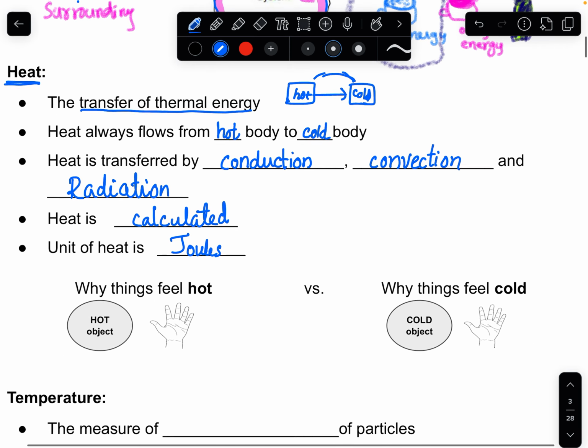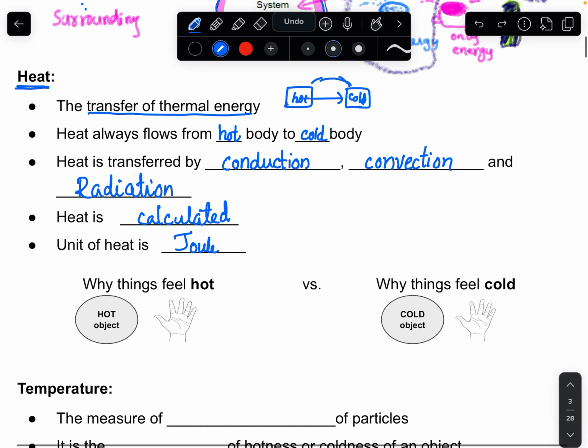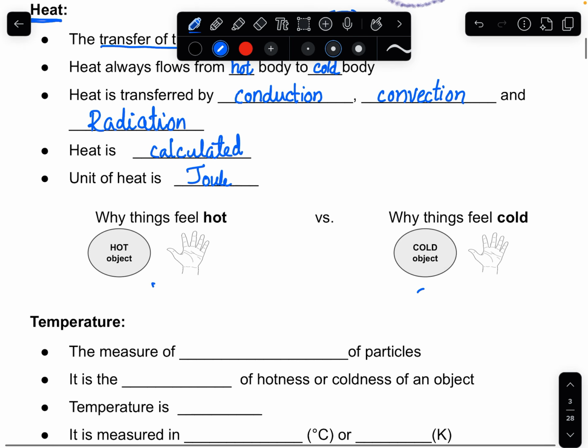Now just think about this. The next one is called temperature. What is temperature? We already learned in gas laws, according to kinetic molecular theory, when temperature increases, what will increase?